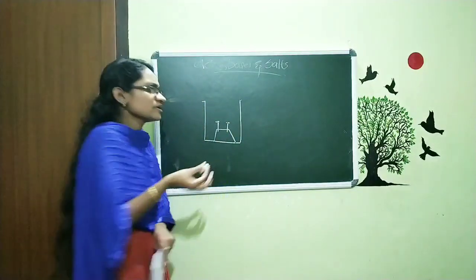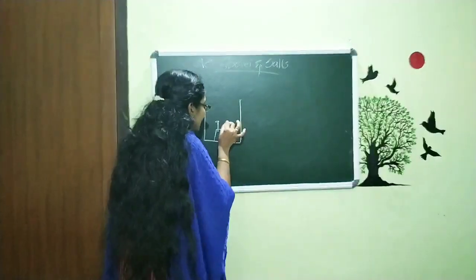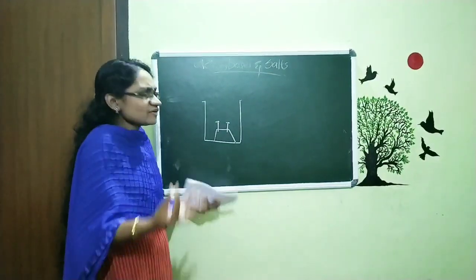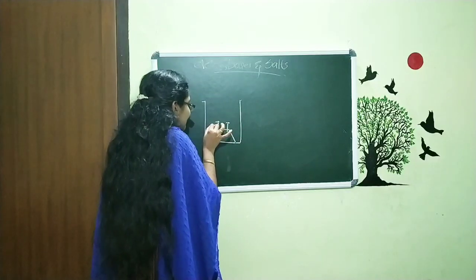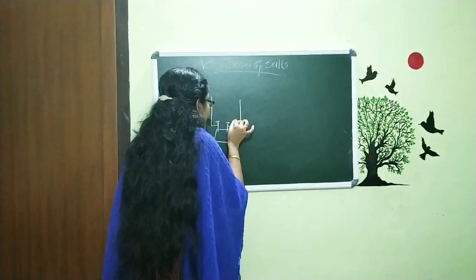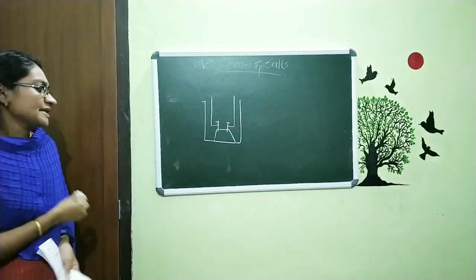For example, you are free to take iron nails or anything. Our aim is that this must be a conductor. So I select any metal, that is two nails, and then connect metal wire to these two iron nails.